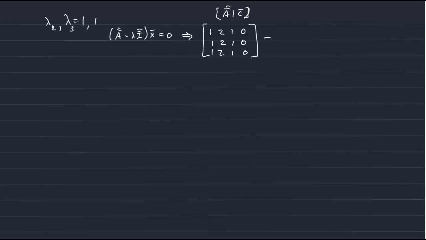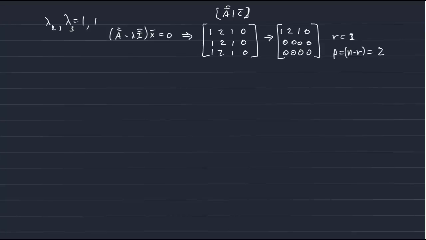And this is reduced with Gauss elimination, and you can see that we would have only one independent row. So the rank here is only 1, and p is equal to n minus r is equal to 2.